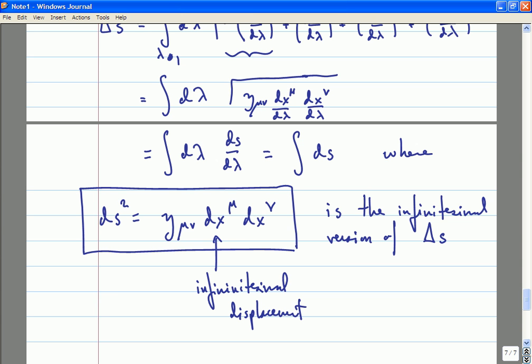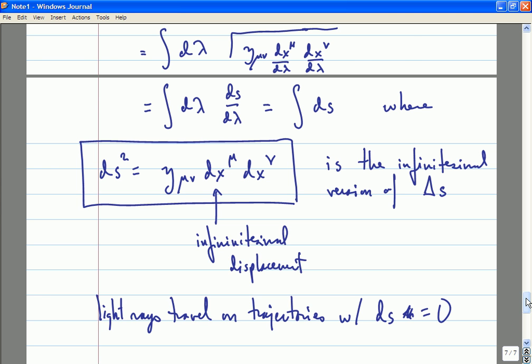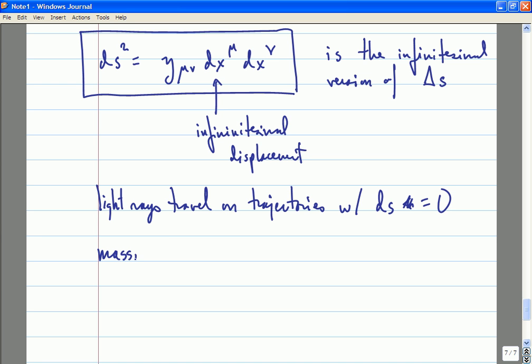So, for example, light rays travel along trajectories where ds is equal to 0, and massive objects will travel on trajectories which are time-like in the sense that ds squared is negative, which is the statement that the instantaneous velocity at any given time is less than that of light.